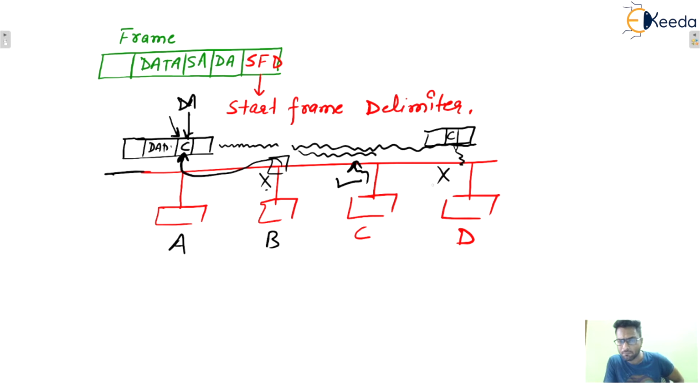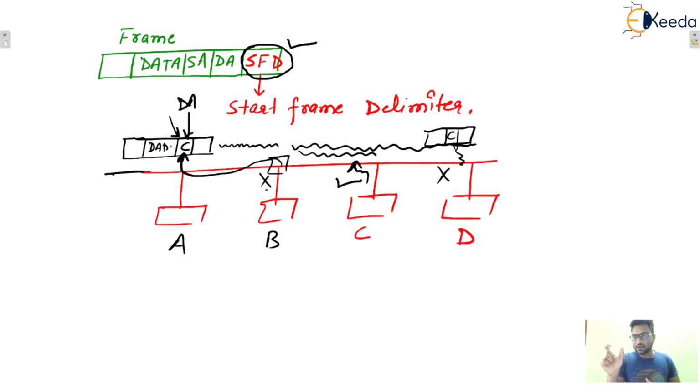But one thing is that when D thinks that the frame is coming, on the channel one special field, that is SFD, is added at the start of the frame. It will be some specific pattern of bits that doesn't match with the data.